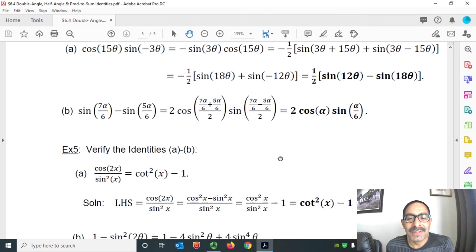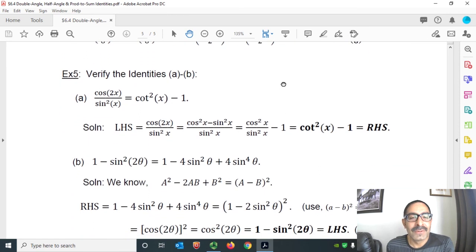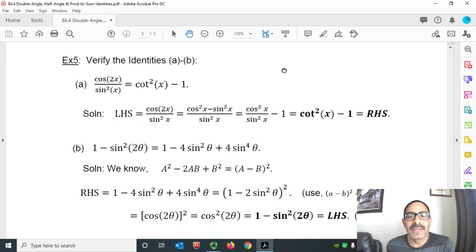Now let's move on. Now let's do verifying trigonometric identities. These types of problems we did in our previous sections. So part A, given the fraction cosine of 2x over sine square x, and our right side is given as cotangent square x minus 1. So let's begin from the left hand side. Copy the left hand side and apply the formula.